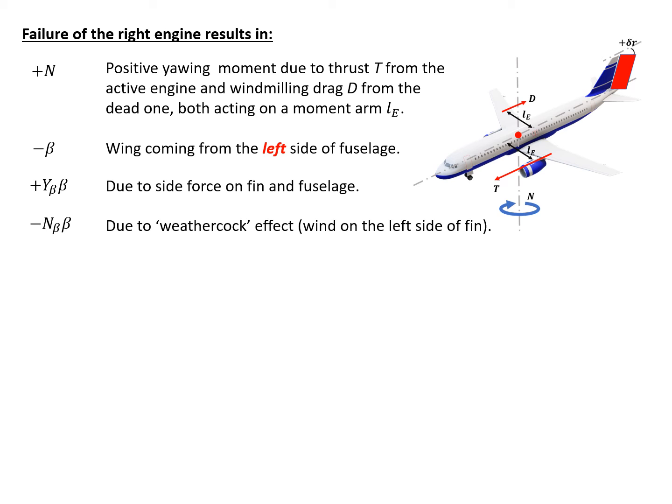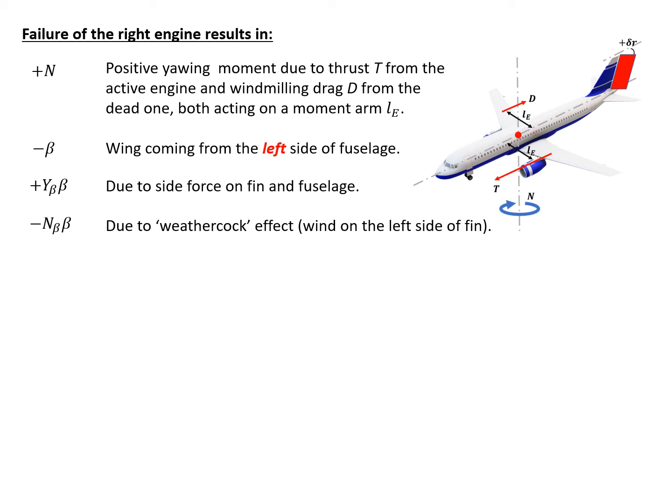That's due to the weathercock effect, because the wind is from the left side on the fin, so that will produce a side force towards the right, and that right side force will produce a negative yawing moment. Actually, it will counter the positive yawing moment produced by T and D.